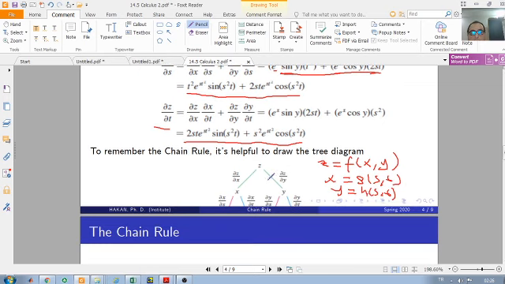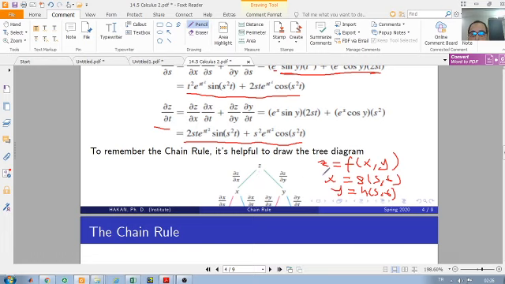So first we take the derivative of the outer function, the derivative of f with respect to x and y, or the derivative of z with respect to x and y. As you see the notations for the derivative, partial derivative of the dependent variable z with respect to x and with respect to y.